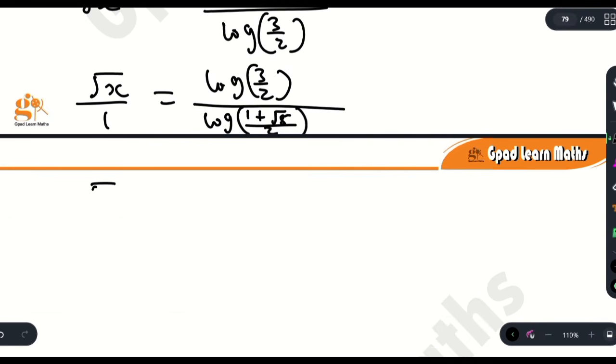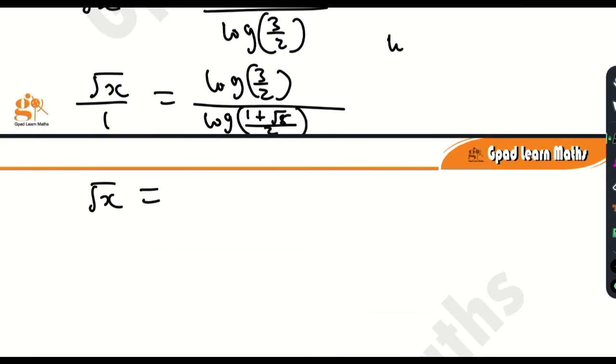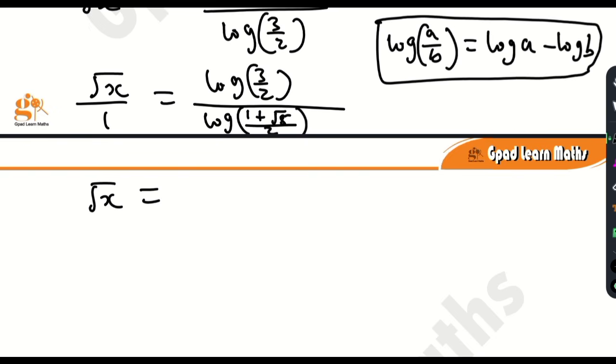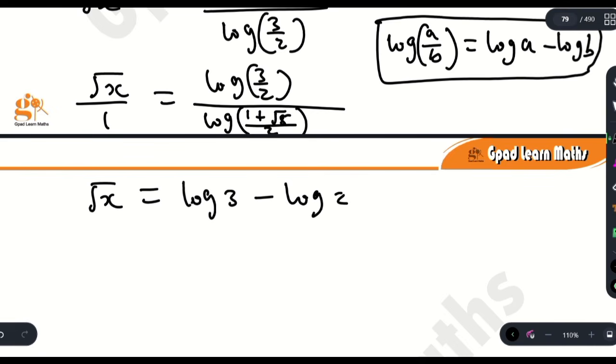So I have root x is equal to, now from one of the laws of logarithm, if you have log a over b, that's the division law, this will be equal to log a minus log b. This rule of logarithm will be applied to the numerator and the denominator. So that's going to be log 3 minus log 2, because of this division here.